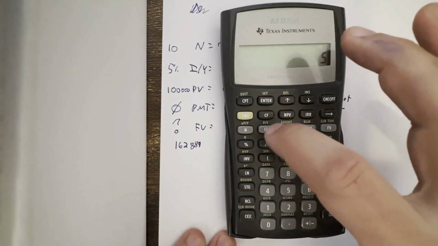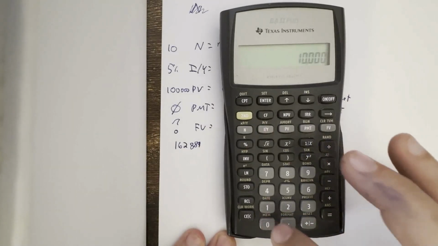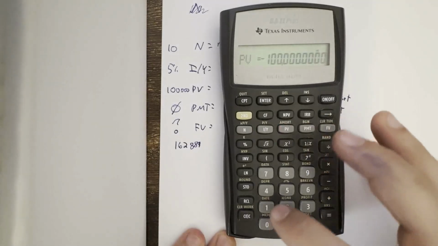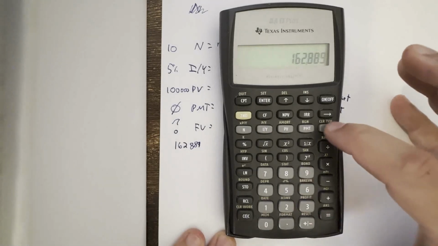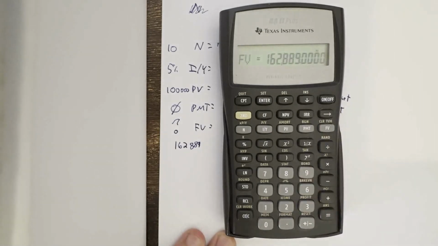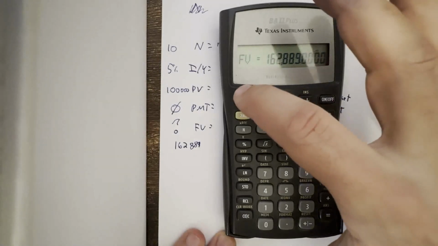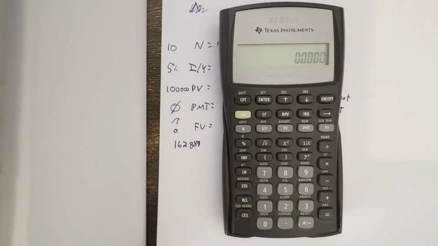We have 5 I/Y's, $100,000 negative PV. We know that $162,889 positive is the future value. And now we want to confirm that the payments are zero. CPT, PMT, well, that's a rounding error of 3 cents because I rounded off. So the payments are effectively zero.